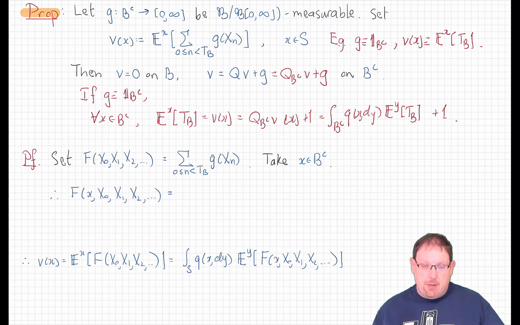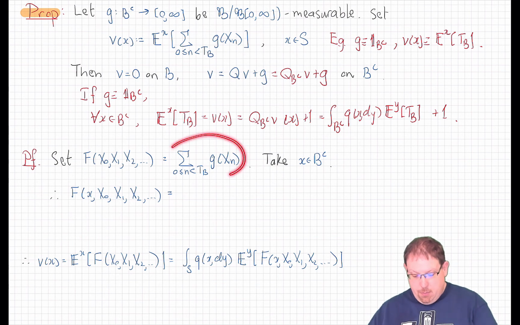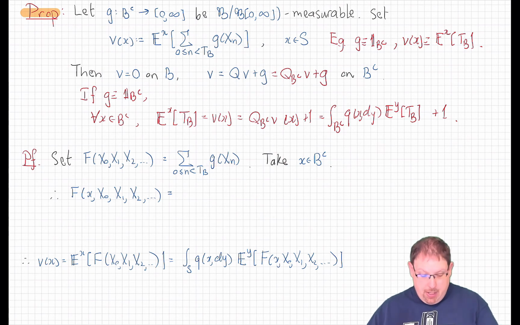We just need to see how this function behaves under adding a new deterministic initial term, little x, to the path. So if I take f of little x and then the rest of the process, if that original initial term x_0 happens to be in B, then this sum will have, when n equals 0, g of little x, and then the rest of the terms will not be present.